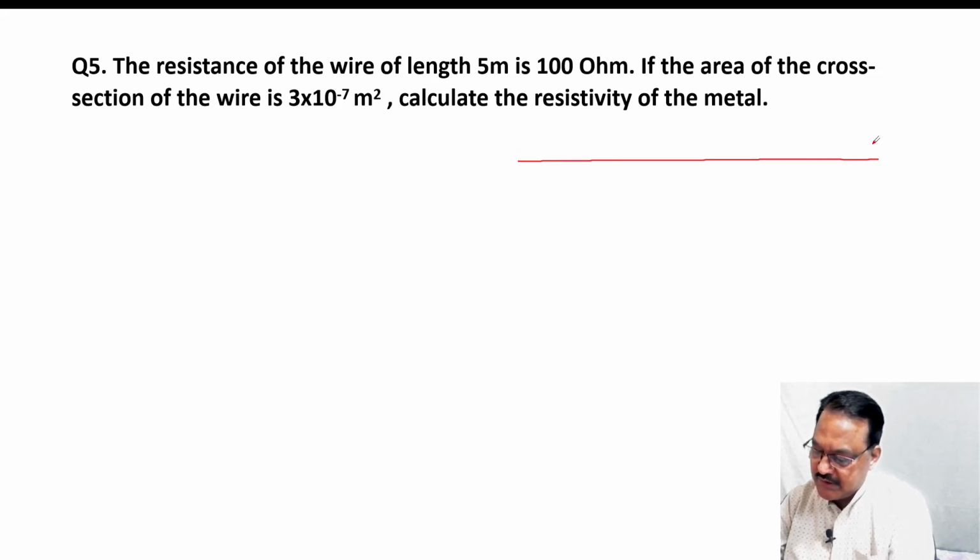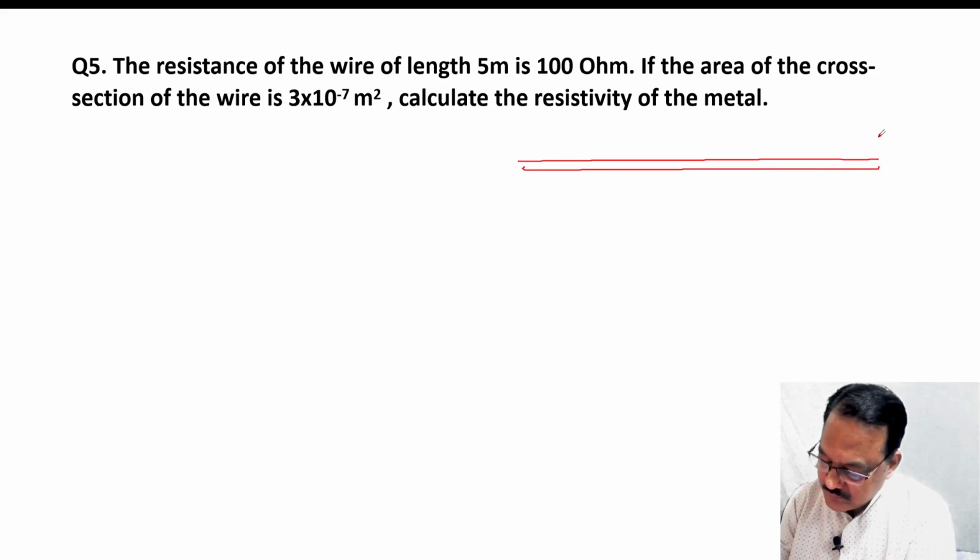One conductor is given. Let us consider this is the conductor. This will be the cross section area. We can say it depends upon the diameter value.